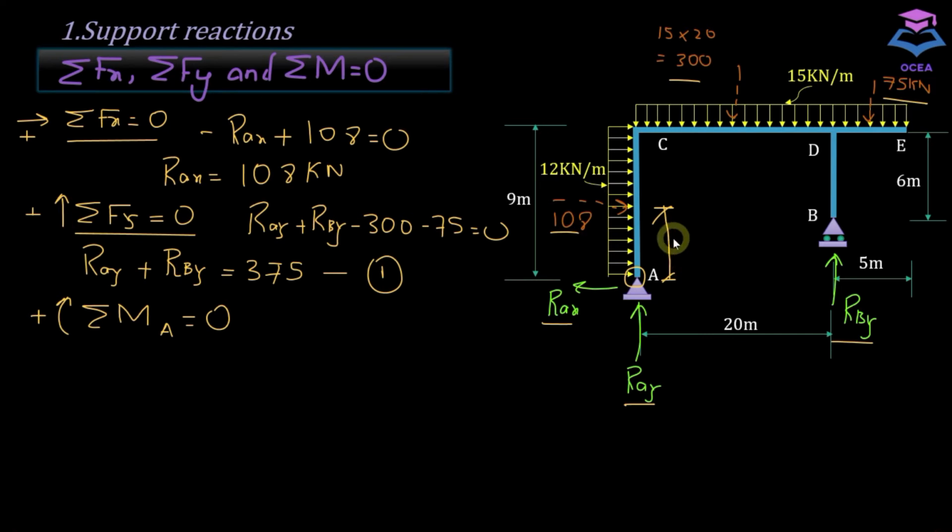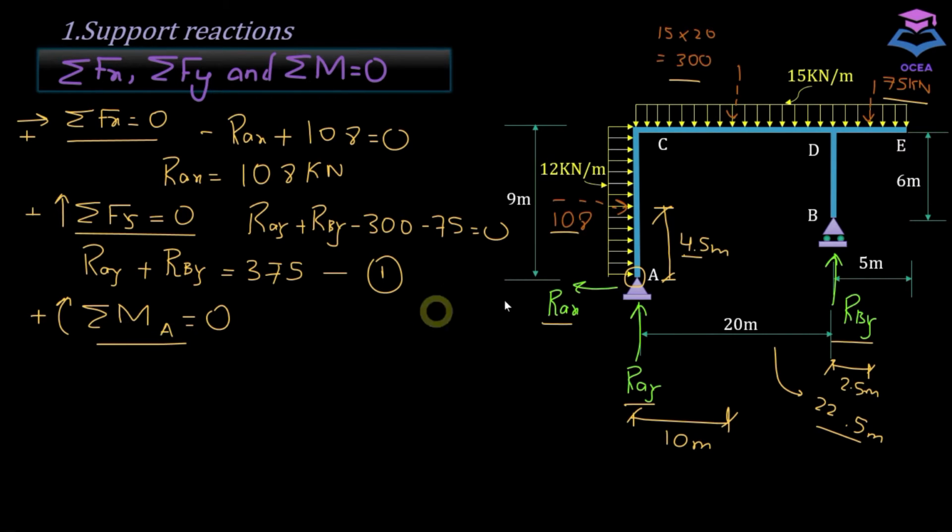So 108 with respect to A point has a perpendicular arm of 4.5 meter, half of this span length. And this 300 has a perpendicular arm of 10 meter. And this 75 has a perpendicular arm. If we first calculate this distance, this is going to be 2.5. 2.5 plus 20 would give me 22.5. So 75 has a perpendicular arm of 22.5.